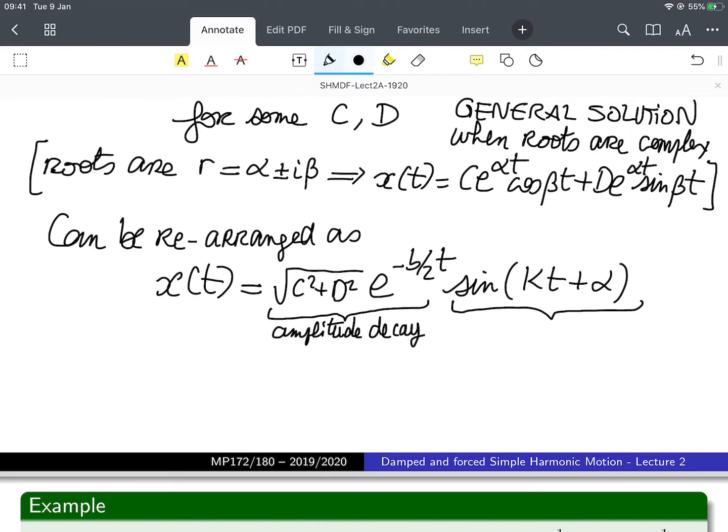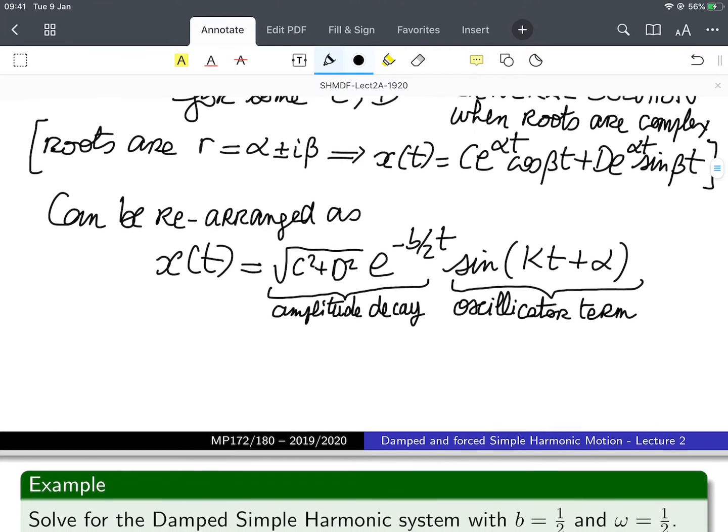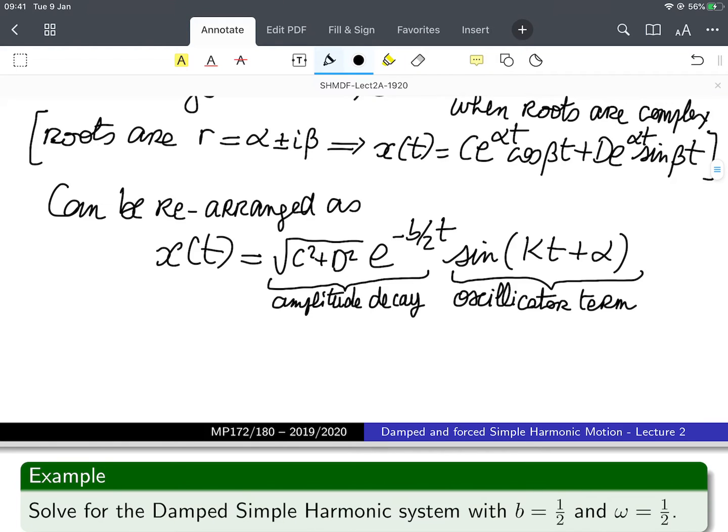Remember that b is positive, so minus b over 2 is negative. And then it also has an oscillatory term here, just sinusoidal variations, which are damped by the amplitude.